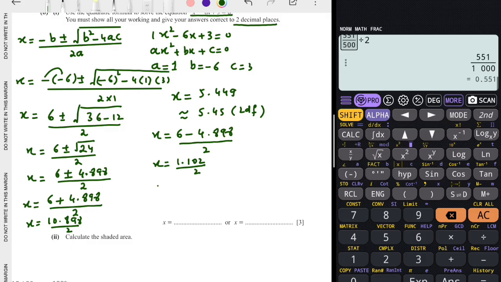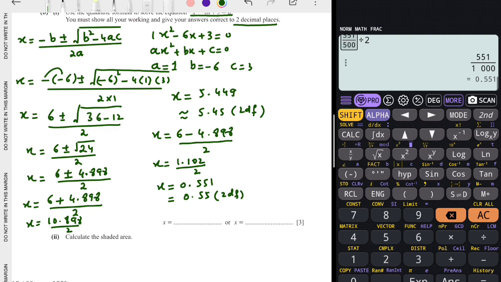This becomes x is equal to 0.551, and after writing it to two decimal places it will be 0.55, 2 dp.